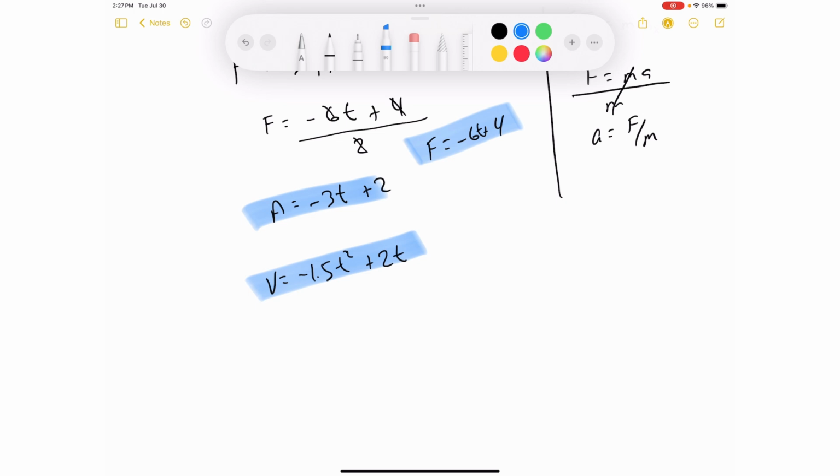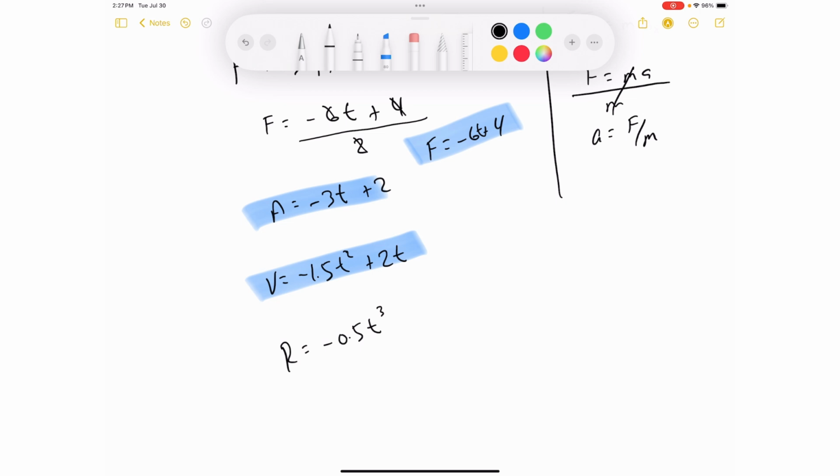And then we can just keep going and say, now I just want position. If I want that, I just integrate v and get position. So r equals, now I have to integrate v. The negative 1.5 t squared, I have to divide by 3, so that becomes negative 0.5, and the t squared becomes t cubed.